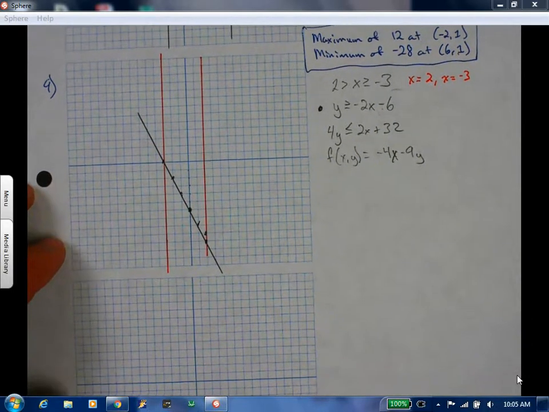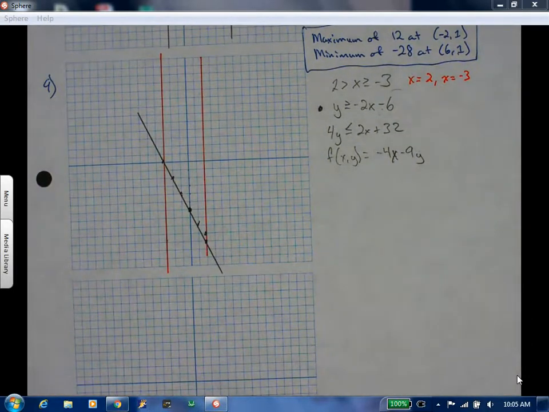So there's the second one. The third one, to solve for y, we have to do what?